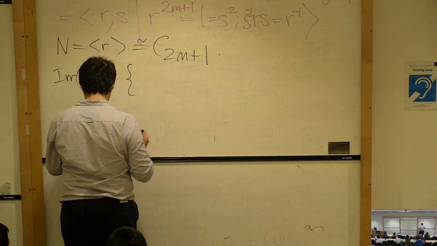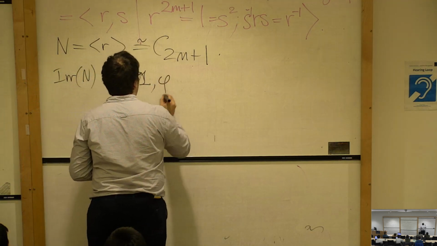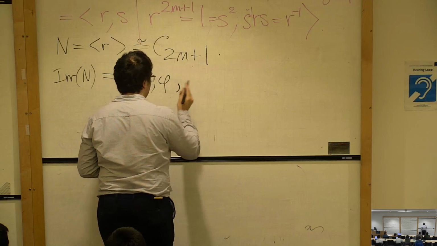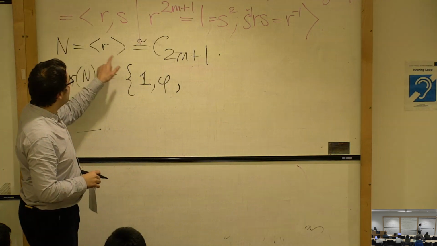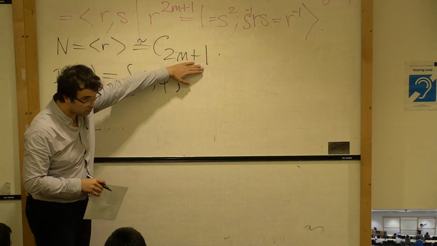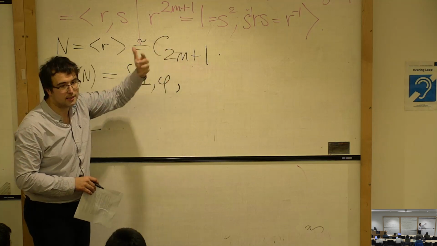are necessarily of the form trivial, and powers of one fundamental character where you fix some primitive 2m plus 1 root of unity in C, and you send R to that thing, and you call that character a name.